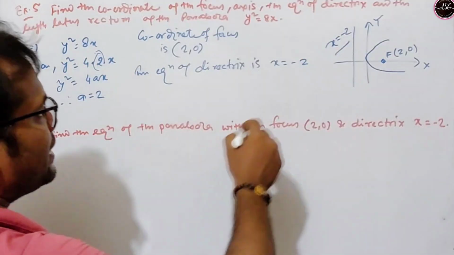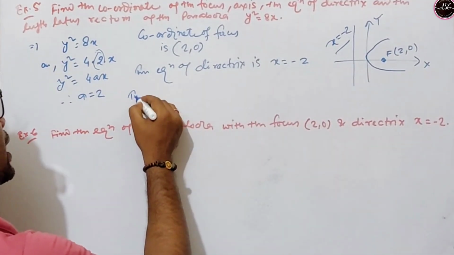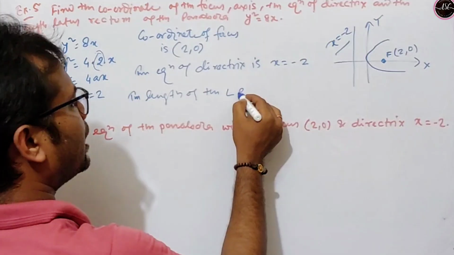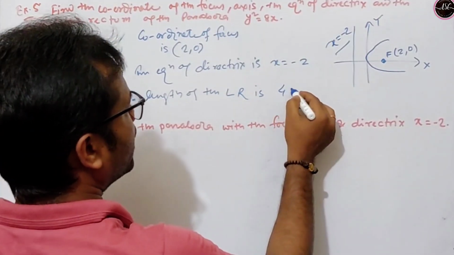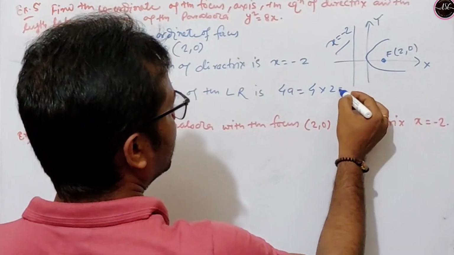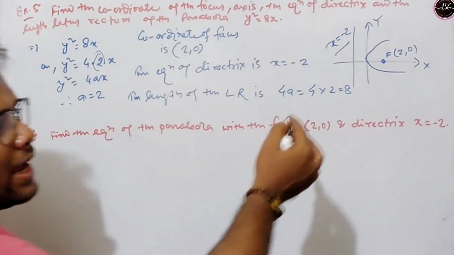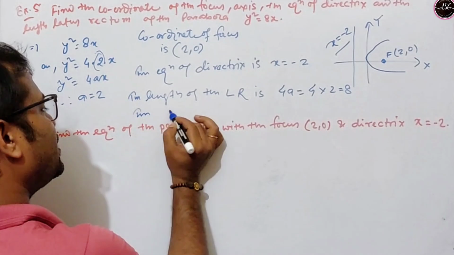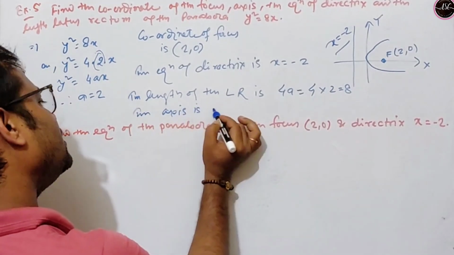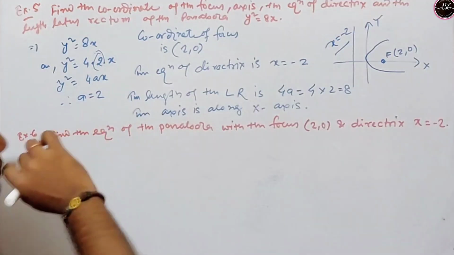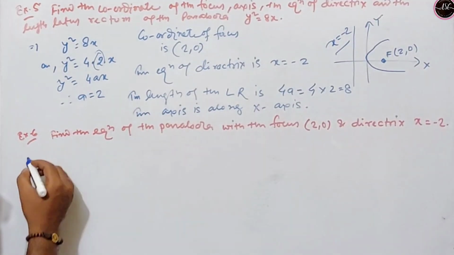The length of the latus rectum is 4a, equal to 4 into 2, that means 8, and the axis is along the x axis. Okay, clear?